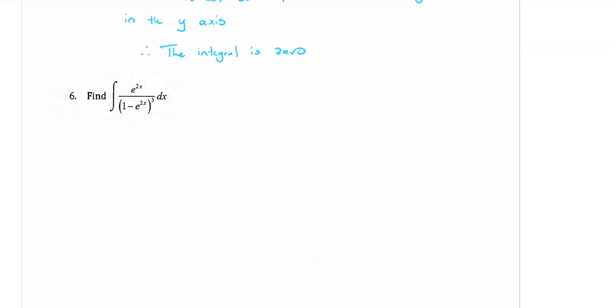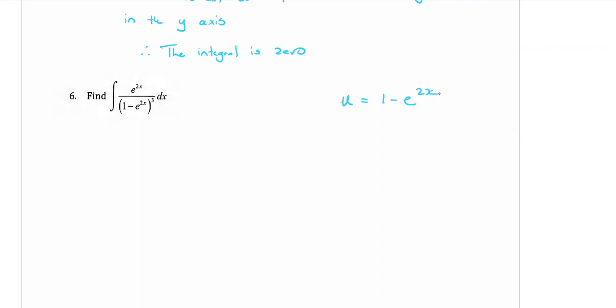Well, let's have a little revision with our exponentials. Reverse chain rule is if we can get the derivative of the bottom on the top. So we start by saying whatever thing we have on the bottom, I'm going to call the u. So it's going to be u equals 1 minus e to the 2x, not the power of 3 part, okay? Just the part that's in the bracket.